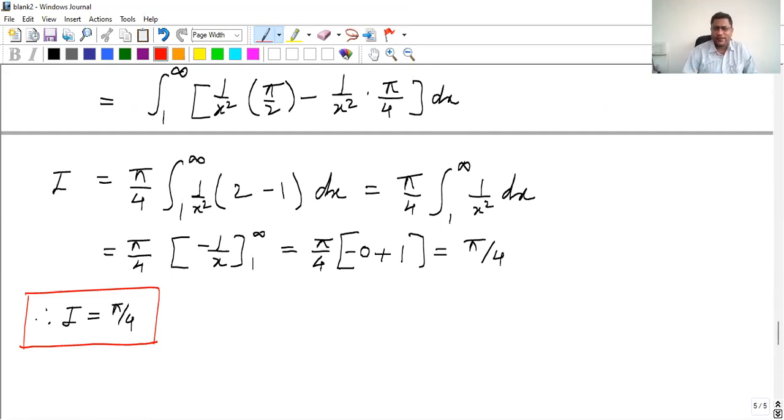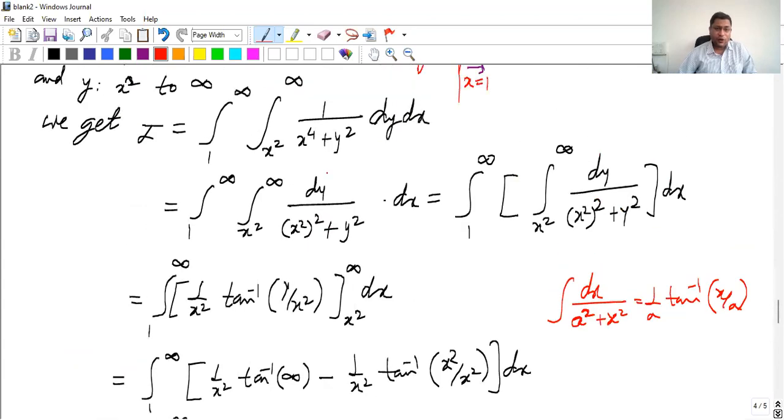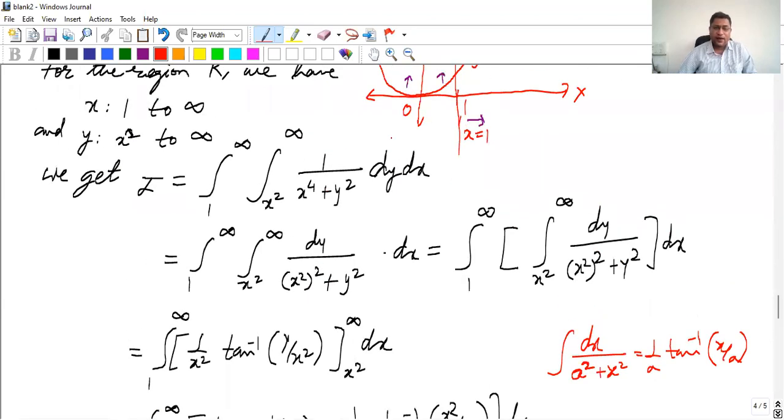The important thing is how we are considering the strip. If it is given, we have to use it, identify the order of the integration, and then evaluate. Okay, so always we have to identify the order of the integration, and then we have to start evaluating.